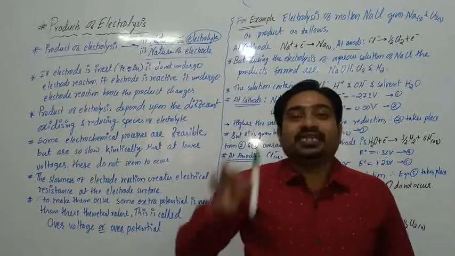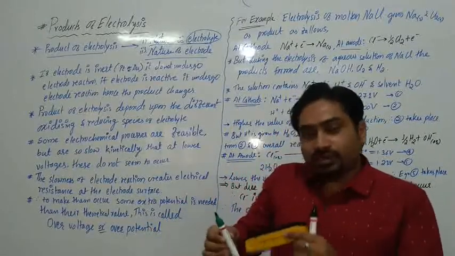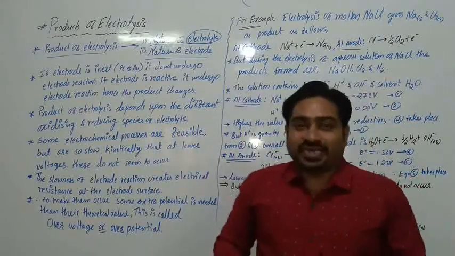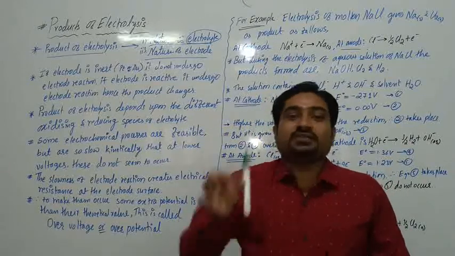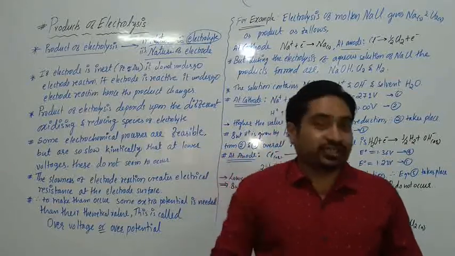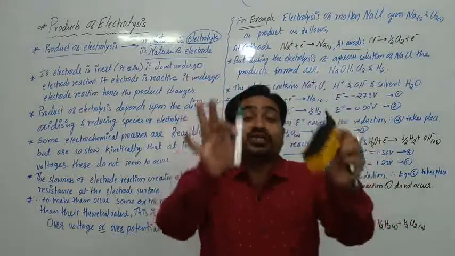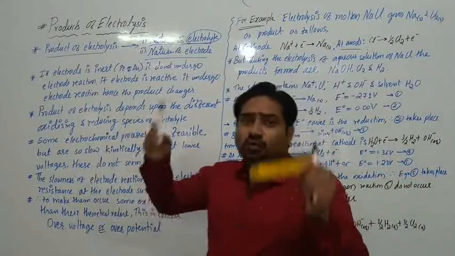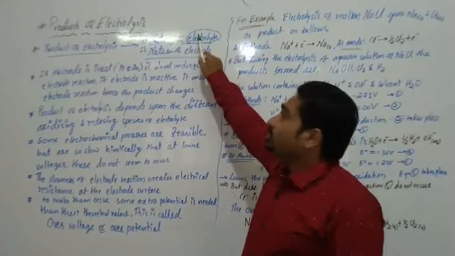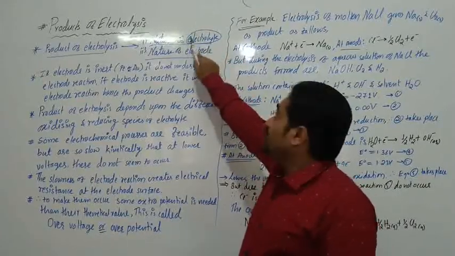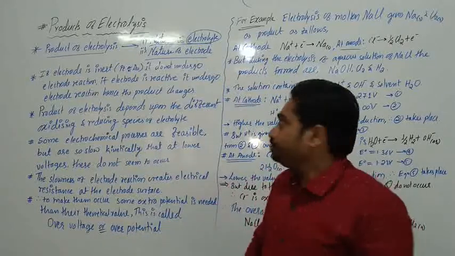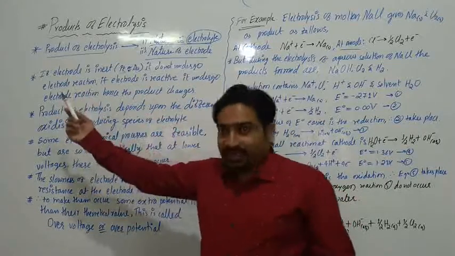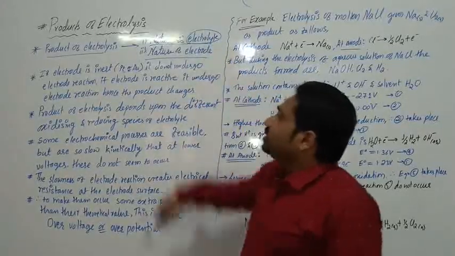If I take platinum as an electrode, as we discussed in the standard hydrogen electrode, this platinum just behaves as a platform for the chemical reaction but does not undergo it. So in that case, the chemical reaction is only because of the electrolyte, and the product is formed based on the type of electrolyte we are using. If the electrode is inert like platinum or gold, it does not undergo any chemical reaction, so the product depends only upon the electrolyte.